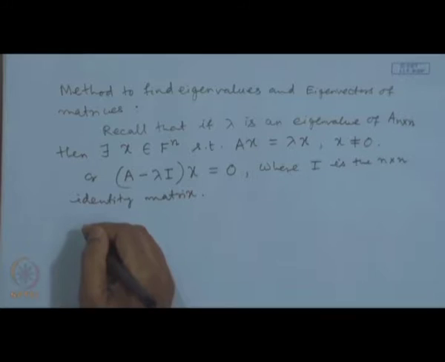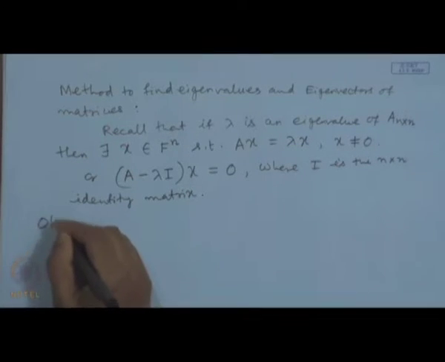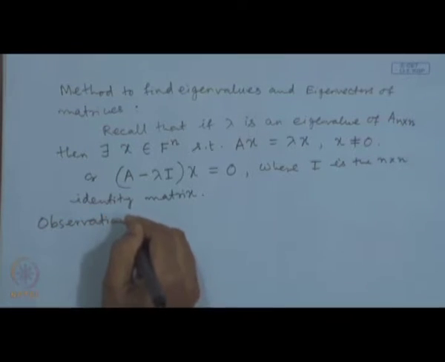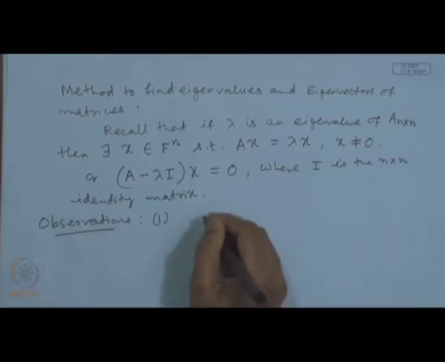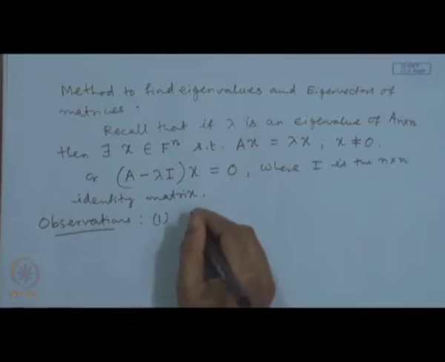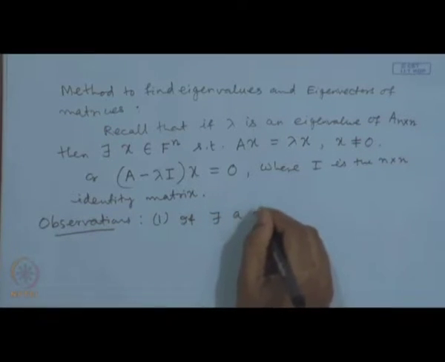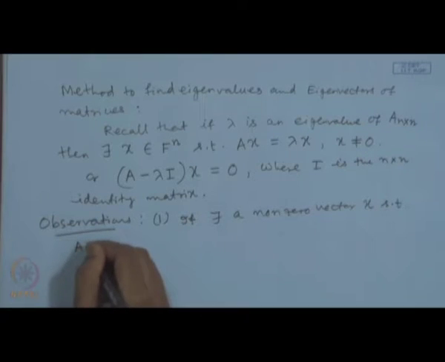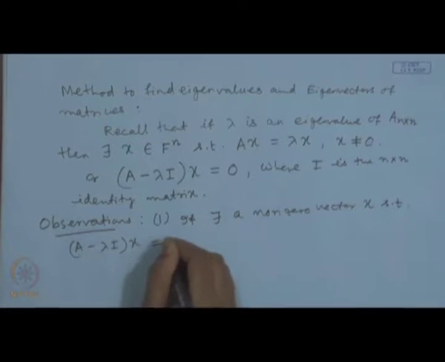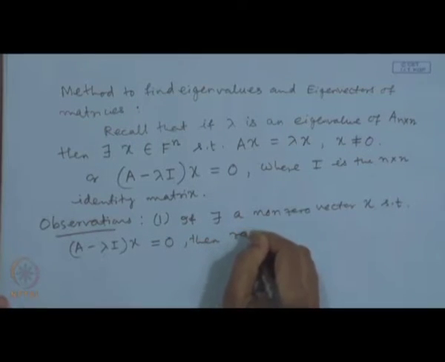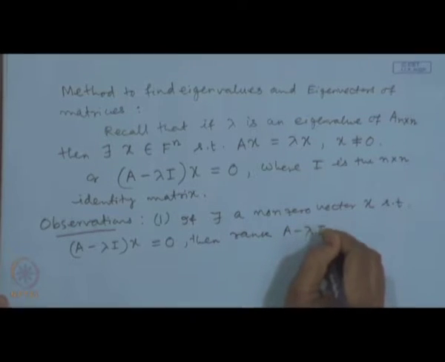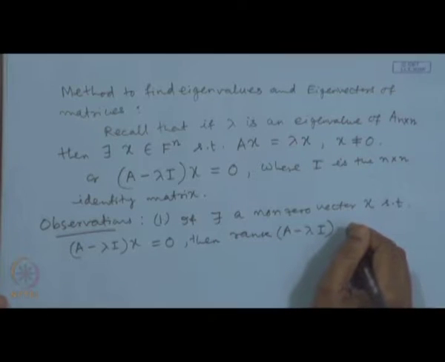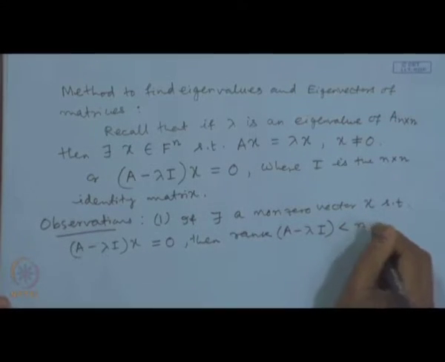So, we have the following observations. First observation: if there exists a non-zero vector x such that (A minus lambda I)x is equal to 0, then the rank of A minus lambda I is less than n, the number of variables.